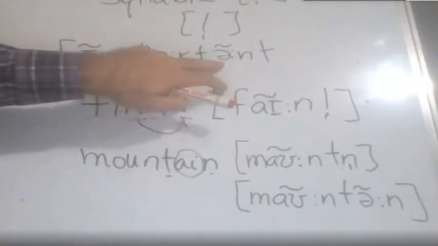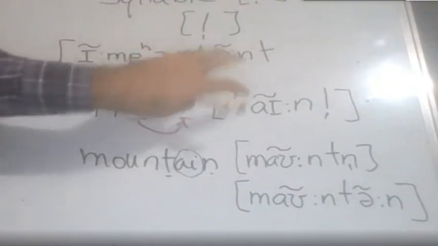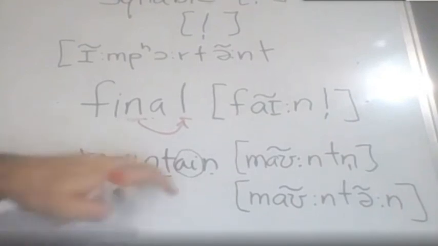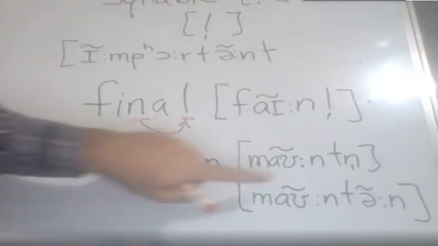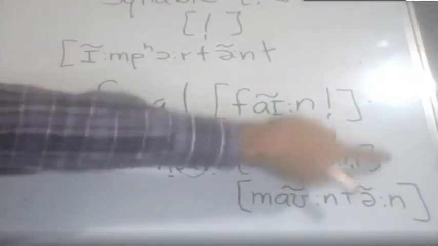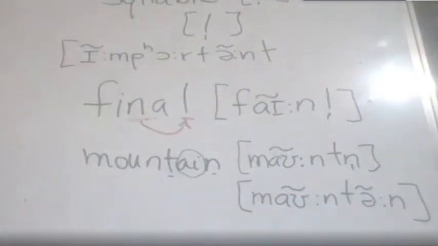Some speakers will pronounce a very short vowel right here. But in this case, most speakers tend to make this syllabic right here, like when they say button. Okay, button.